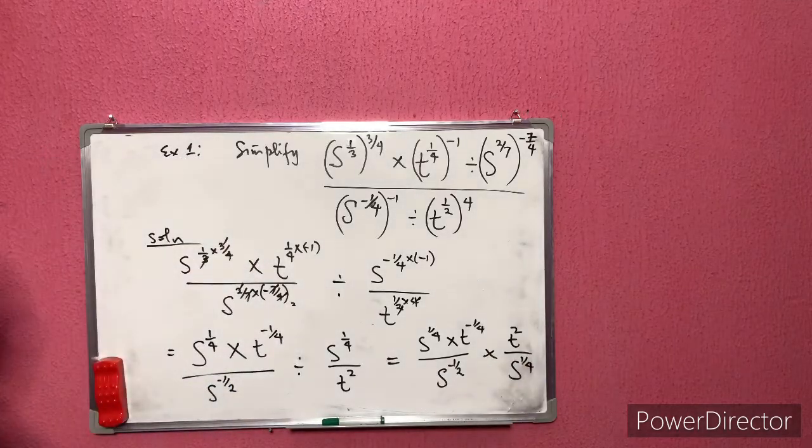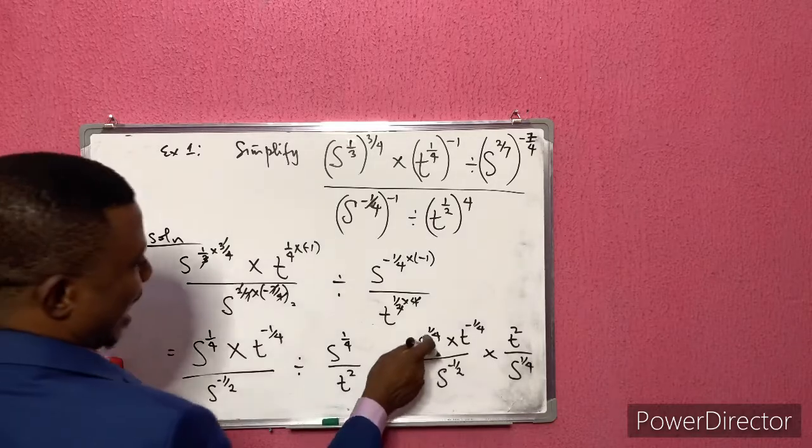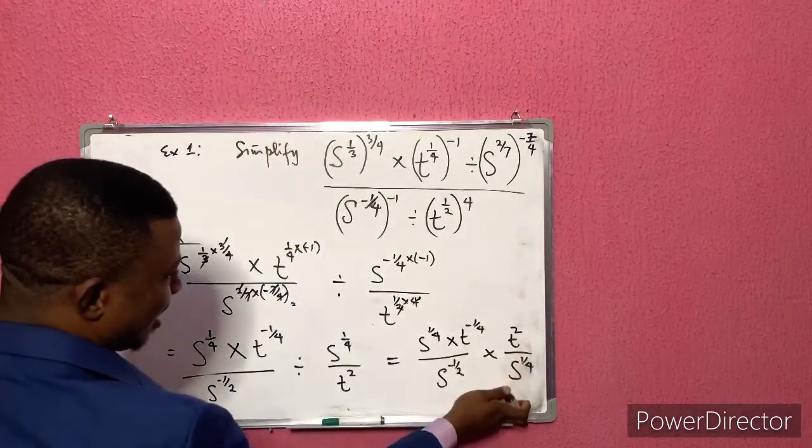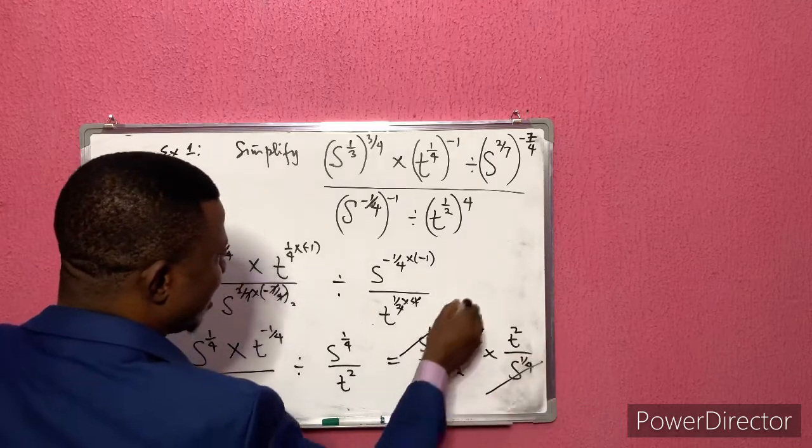As you can see, now x power 1 over 4 is up and here it is down, so we cancel this and this.